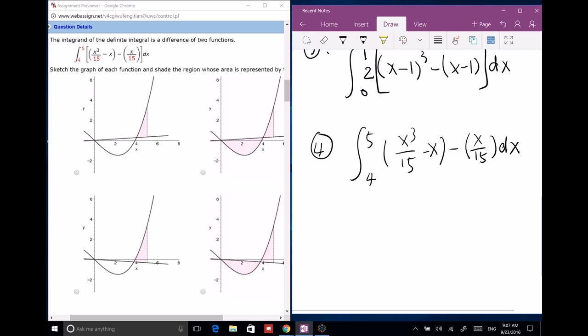So we want to find the area between these two curves from 4 to 5. Now, which one do you think is right? Zhijian?